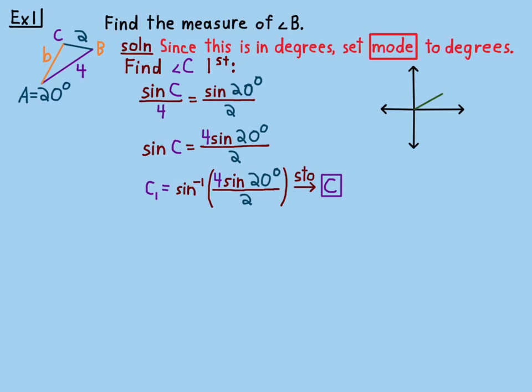Oops. Let's back this up a little bit. Now, what I've done here, I don't know why I didn't just write 2 sine 20 degrees, but I left that as 4 over 2 for some strange reason. I think it's just because I was just going to plug this in and estimate.